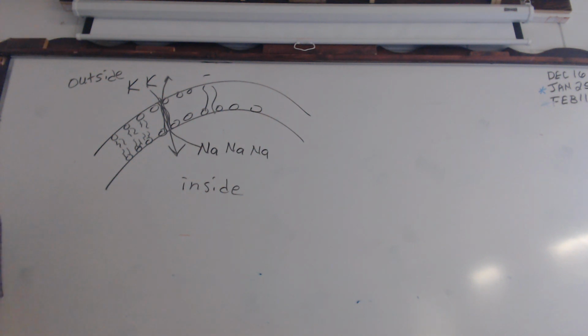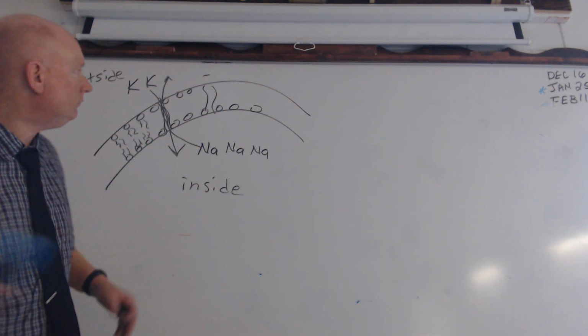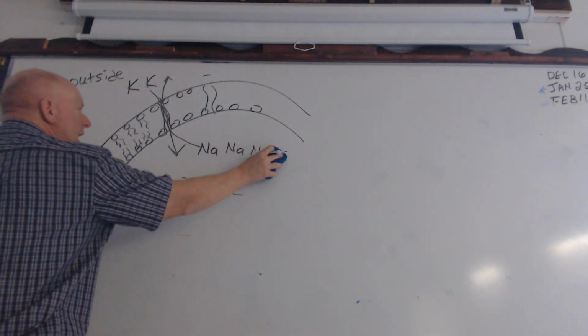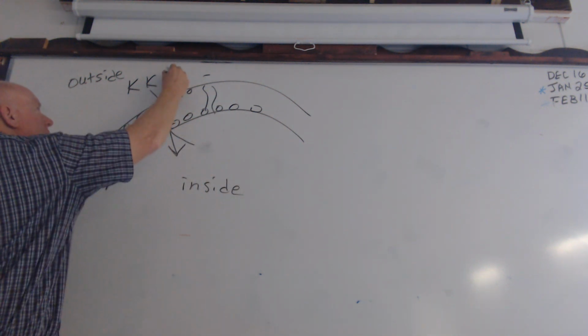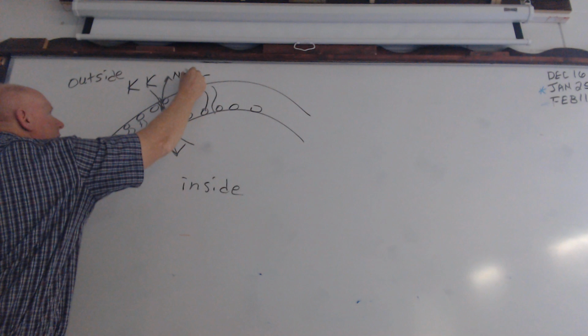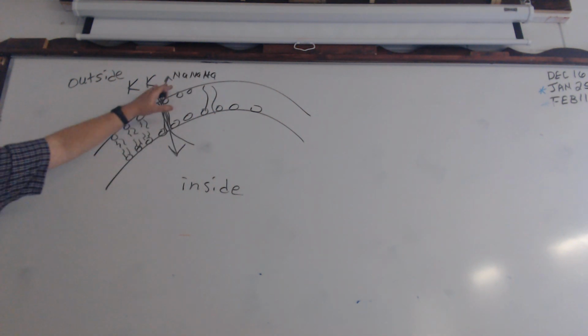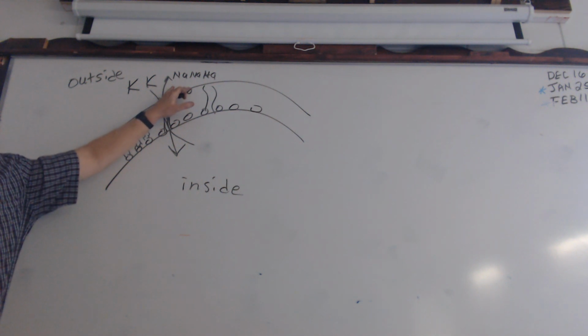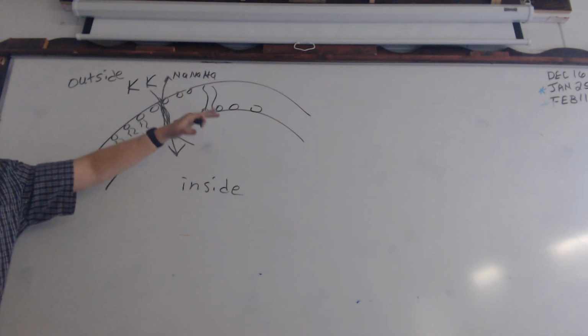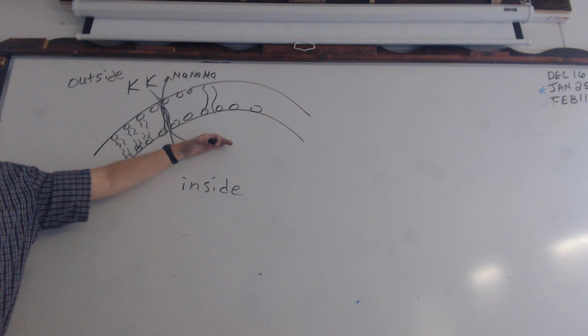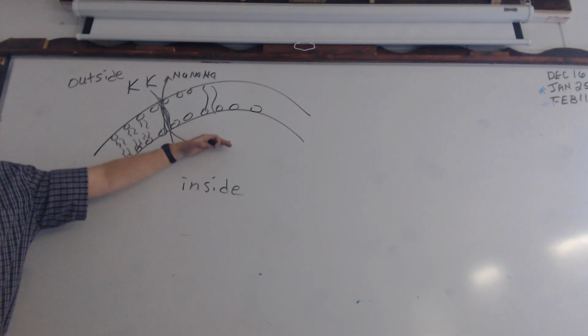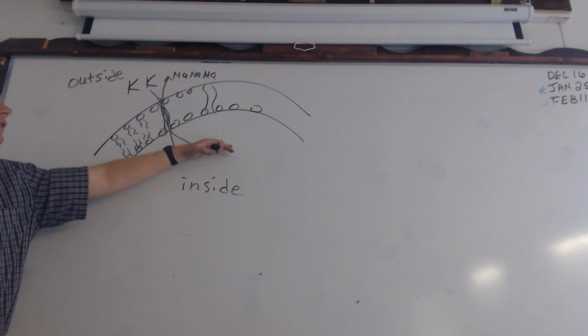But now what we see happening is now that we've got these 3 sodium ions out here, okay, it's high outside the cell because those 3 were diffused. We don't have hardly any inside here. So is this high or low? It's actually pretty low. Okay?